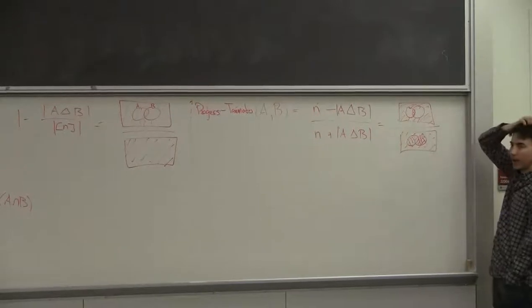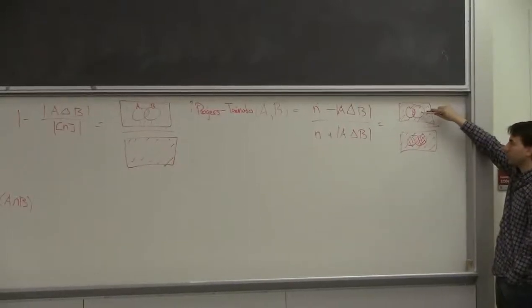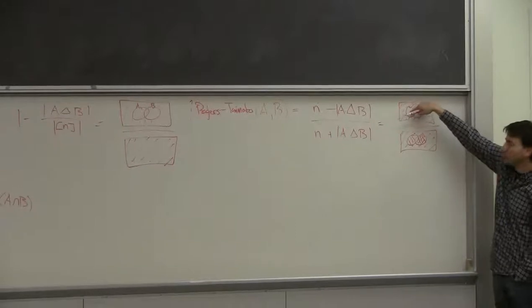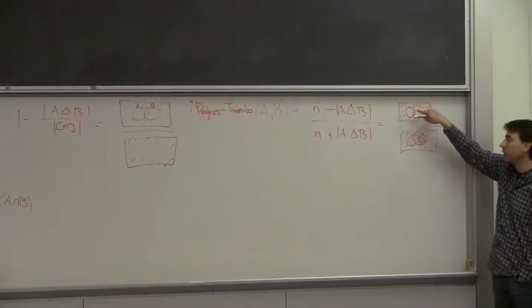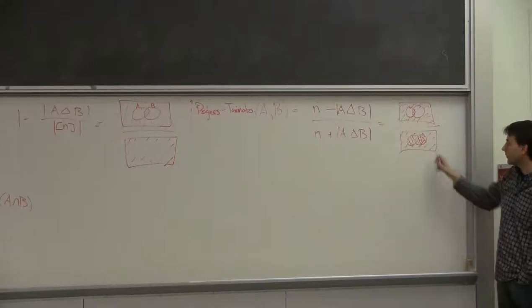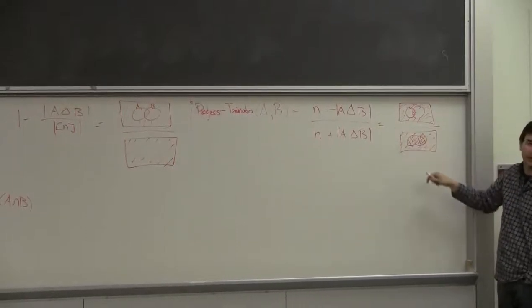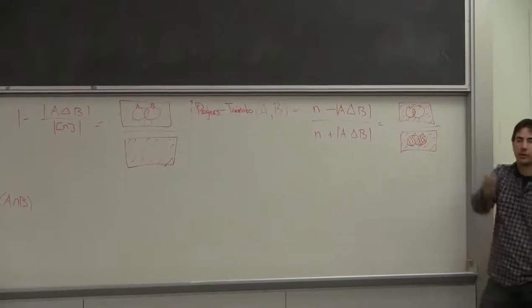So again, as the symmetric difference part gets smaller, this region that is missing up here is going to get smaller. This quantity will get larger, and this extra overcount here is also going to get smaller. So this will get closer to 1.